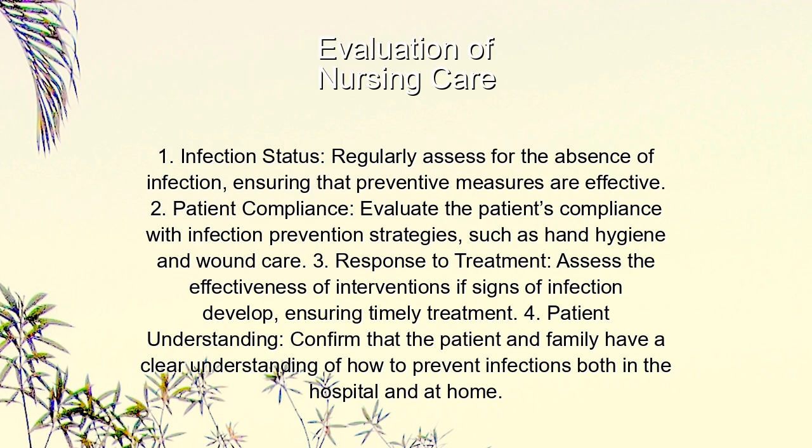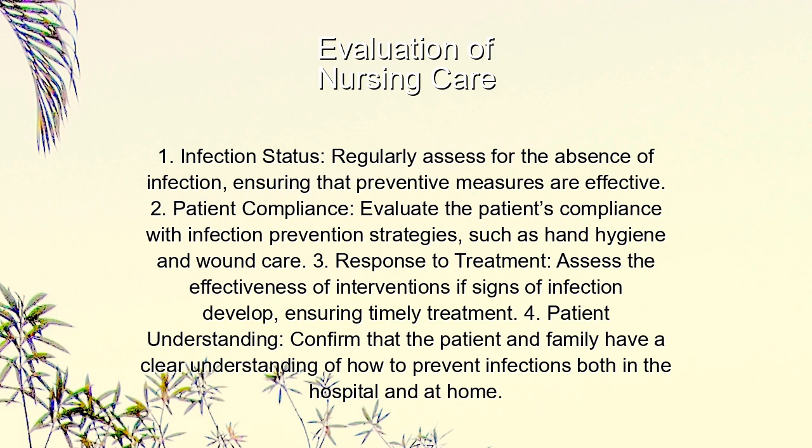Evaluation of nursing care. One, infection status: regularly assess for the absence of infection, ensuring that preventive measures are effective. Two, patient compliance: evaluate the patient's compliance with infection prevention strategies, such as hand hygiene and wound care.